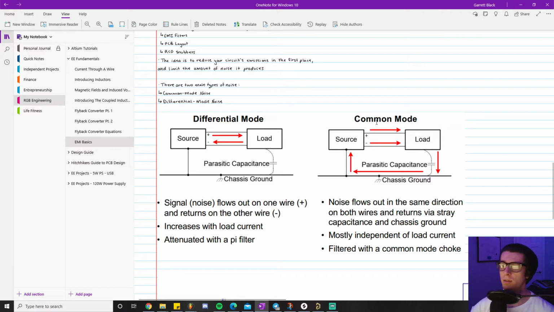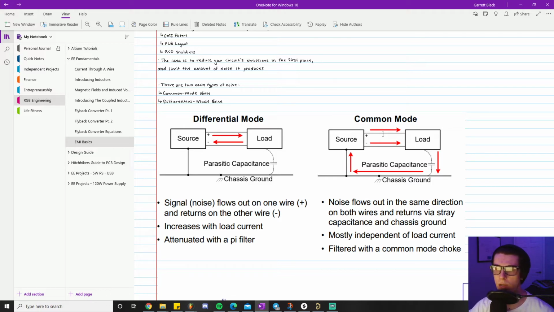Basically with common mode noise, like I said, noise flows out in the same direction on both wires and returns via stray capacitance and chassis ground. So think about this as your line, like you have positive and neutral, that type of thing. Your signal is traveling down both wires in the same direction.